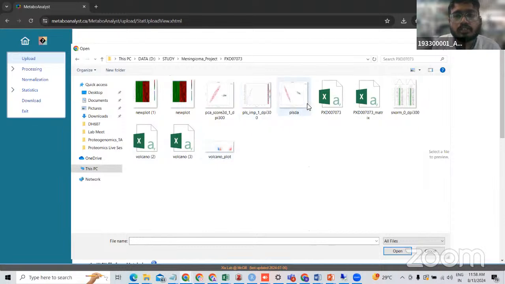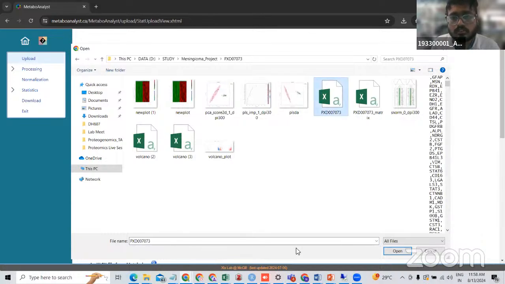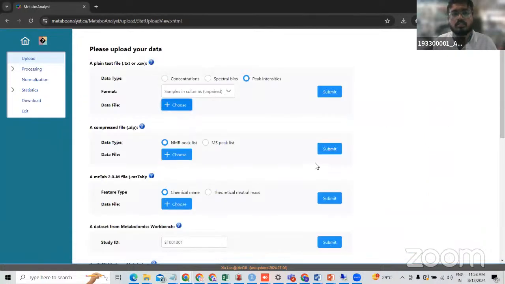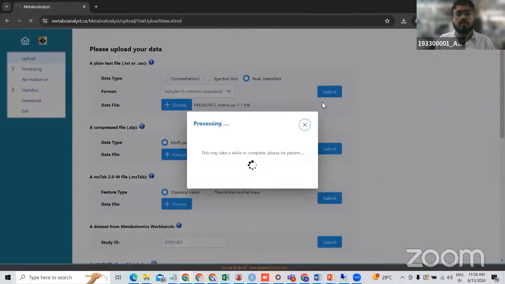Wherever your data set is stored, you will upload the file from that path and submit it.